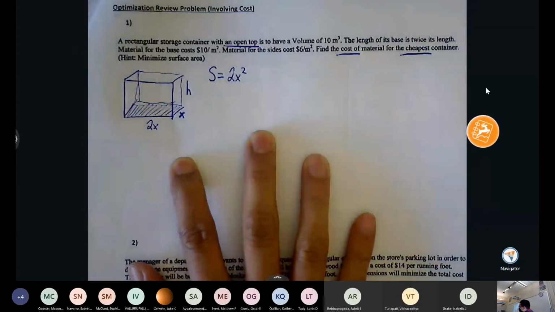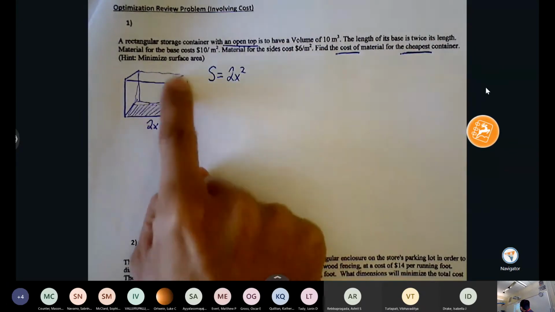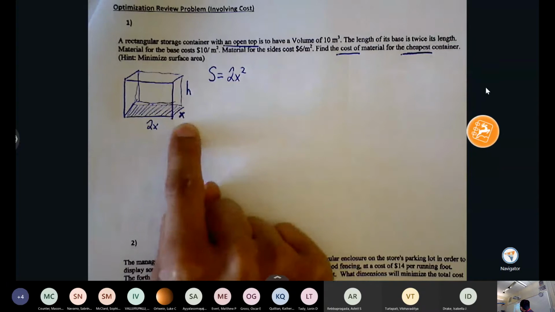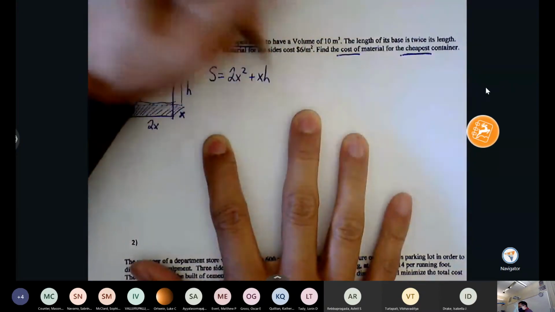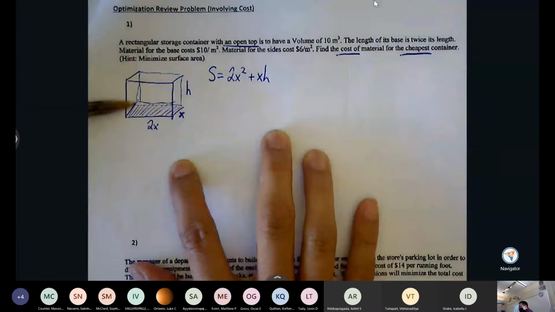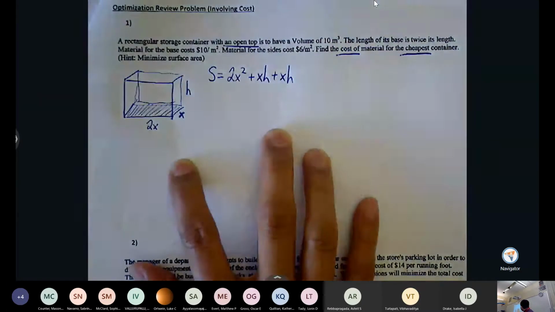We have 4 vertical sides, but not all the vertical sides are the same shape or the same area. Let's deal with the side here. What's the area of this vertical side? x times h, yep, xh, okay. What about the other side? Same, okay, so good.